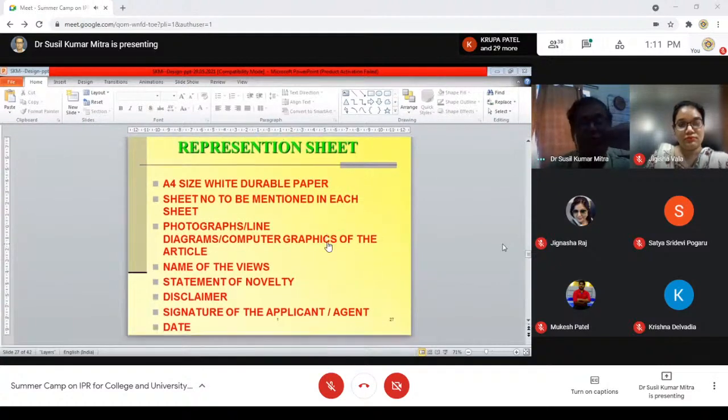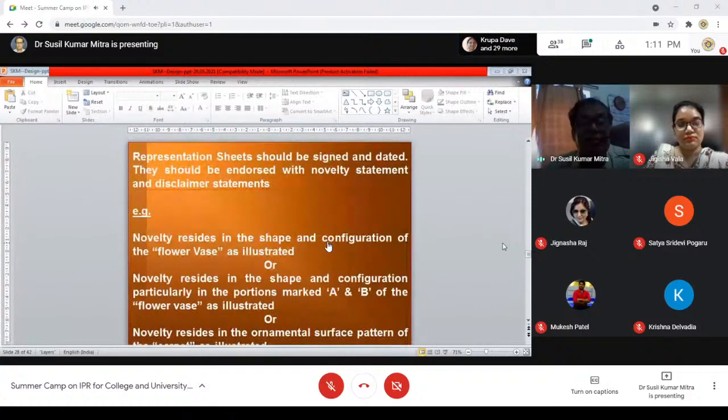Just I'm giving some example, then you can understand. And in the representation sheet, you can also mention the novelty statement and the disclaimer statement. Novelty, there are 3 types of novelty. Your novelty may reside in shape and configuration of a flower vase. Say for a flower vase you are going for registration, or in the article, there are certain portions you want to mark that this is my novel portion.